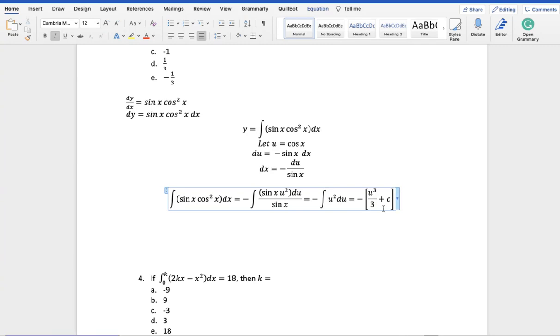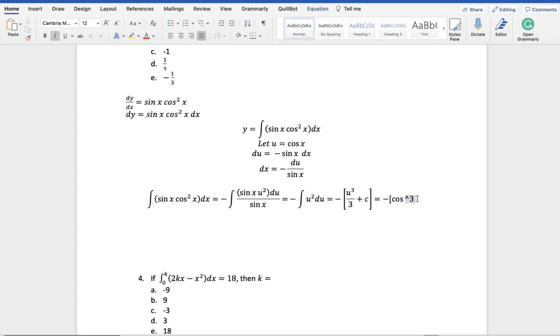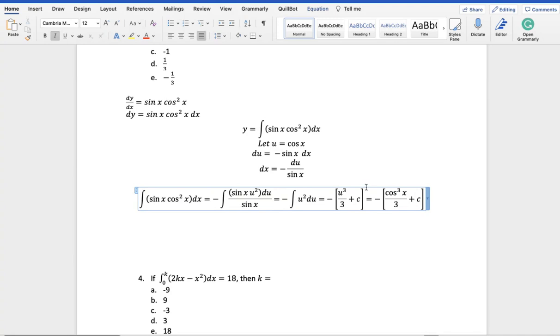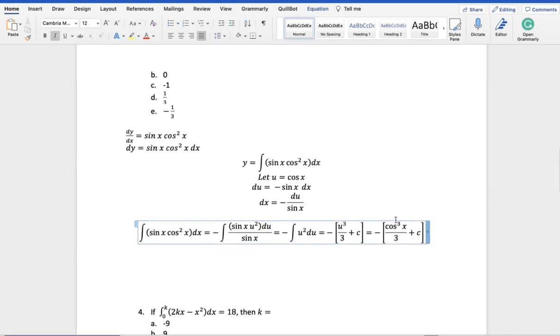So now, going back into your original substitution, you have that this is equal to cos cubed of x divided by 3 plus c, and that is the value of y.